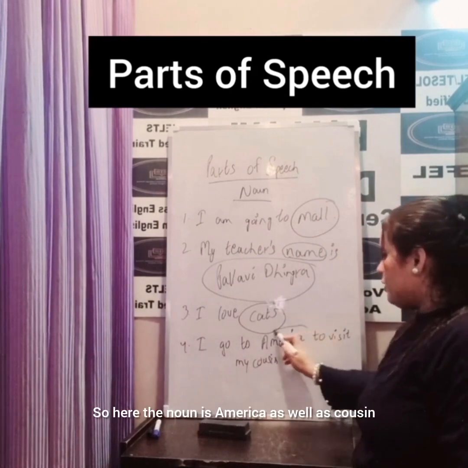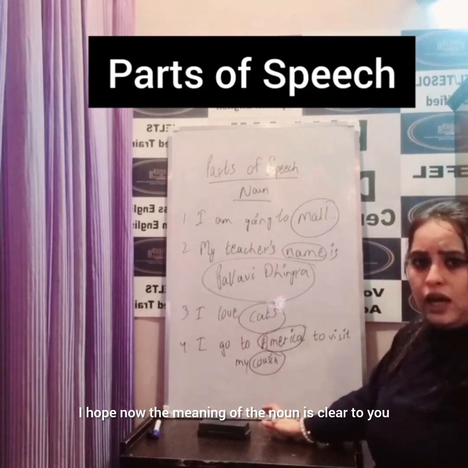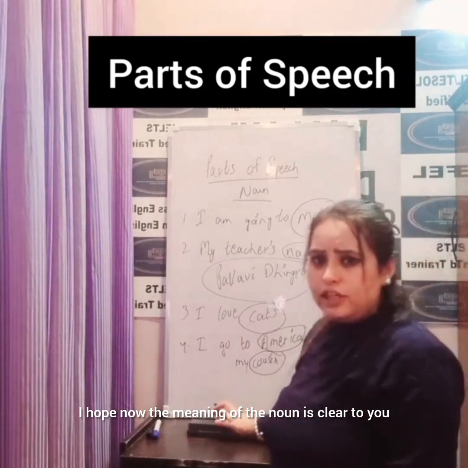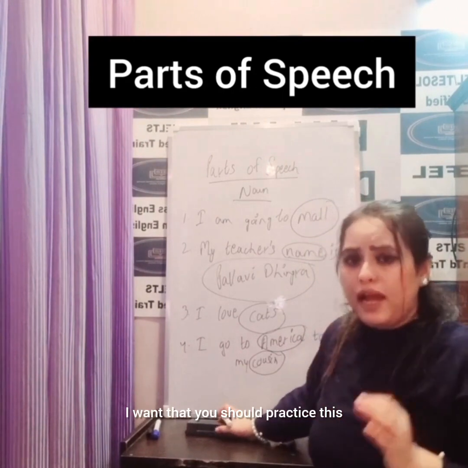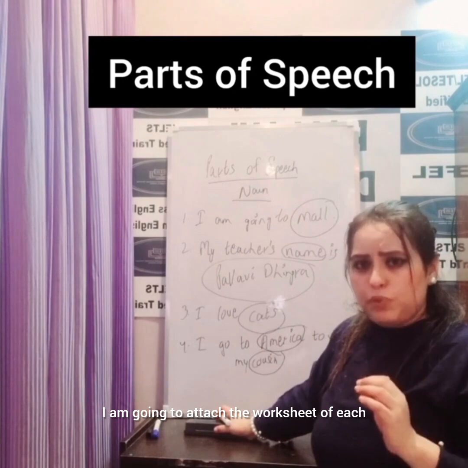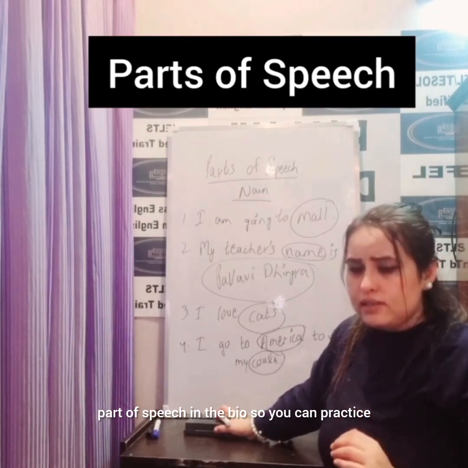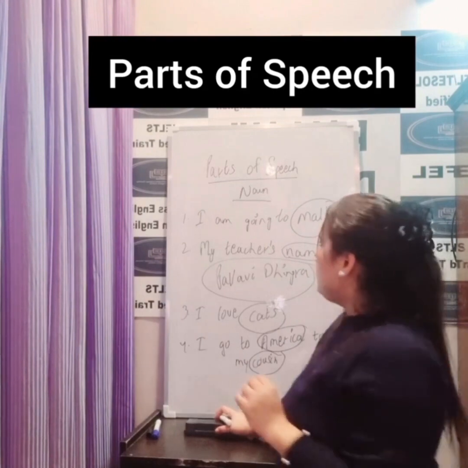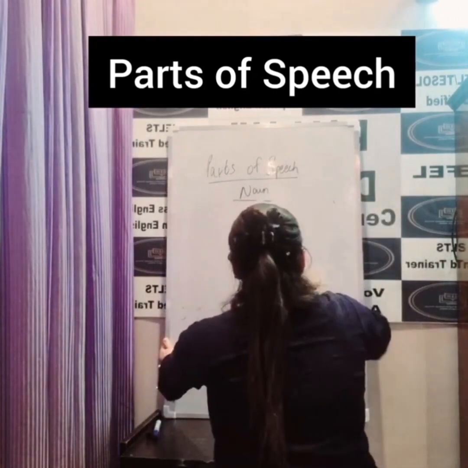So here the noun is America as well as cousin. I hope now the meaning of noun is clear to you. Nouns are clear. I want you to practice this. I am going to attach the worksheet of each part of speech in the bio, so you can download and practice from there. Now let us cover the next topic, that is pronoun.